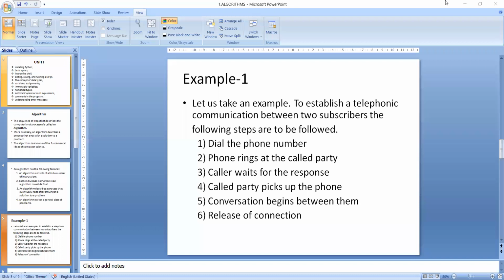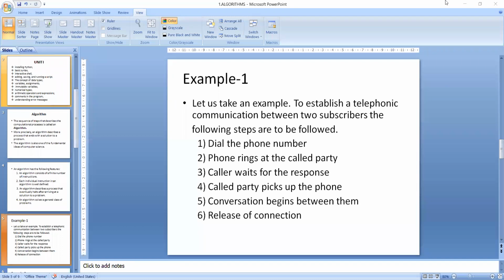Second step: the phone rings at the called party. Here the called party is your friend, and the caller is you. The caller waits for the response, and the called party picks up the phone.